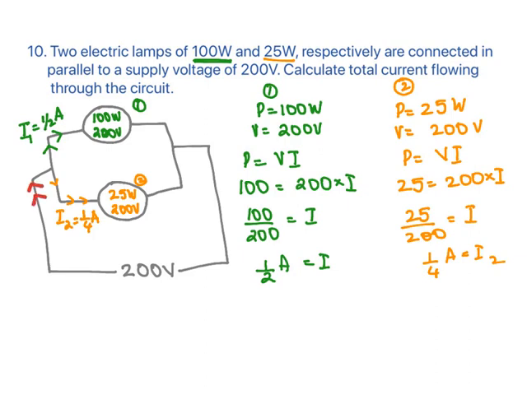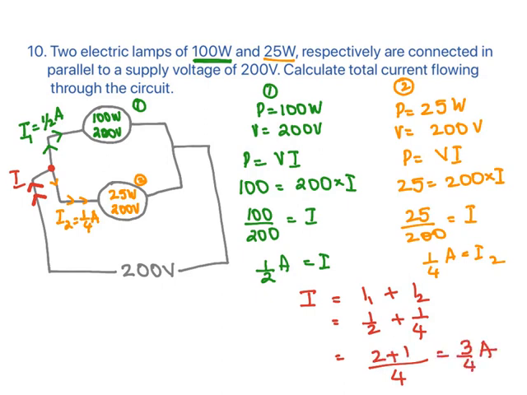The total current I will be I1 plus I2, because at this point the current splits into two parts. So 1 by 2 plus 1 by 4, with LCM 4, that is 2 plus 1, so 3 by 4 amperes will be the total current in the circuit.